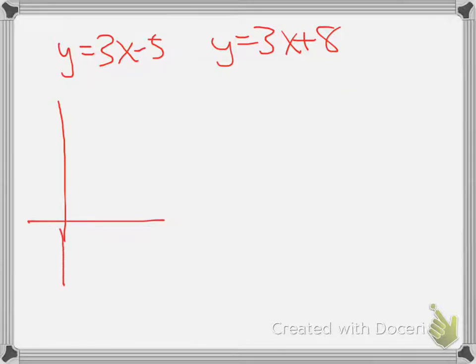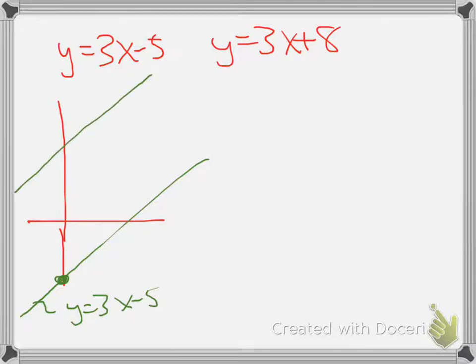We've got 2 lines, and we can see they have positive slope, slope 3. One of them has a y-intercept at negative 5, and so that's my y equals 3x minus 5 line. And the other one has a y-intercept of 8. So this is y equals 3x plus 8.